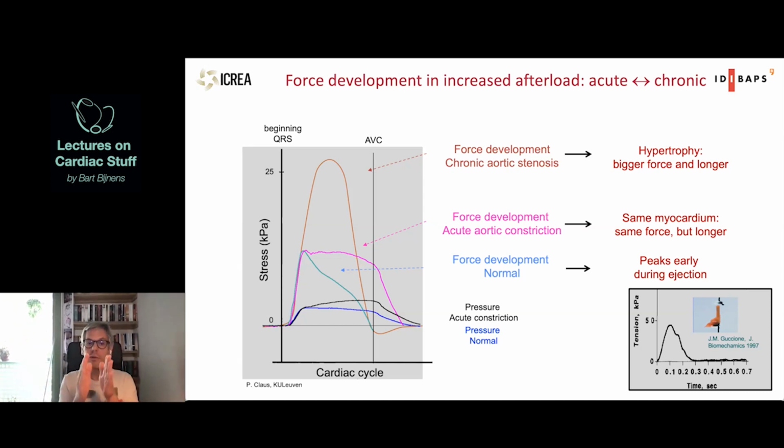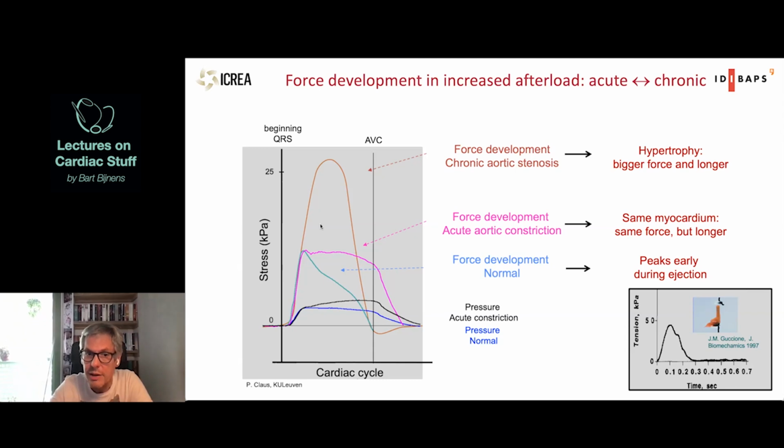So that means that, first of all, your isovolumic relaxation period will increase because you just need time to do this. Plus also your early velocity, so your early filling phase, will be much, much slower, because you are still stiffer at the moment that you need to relax.